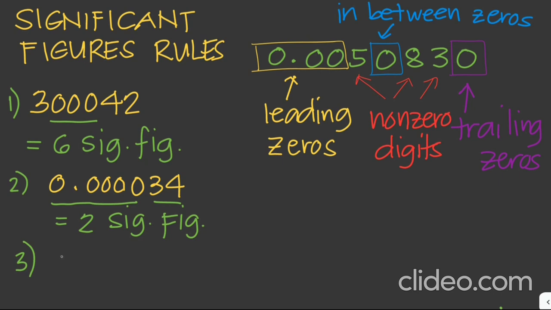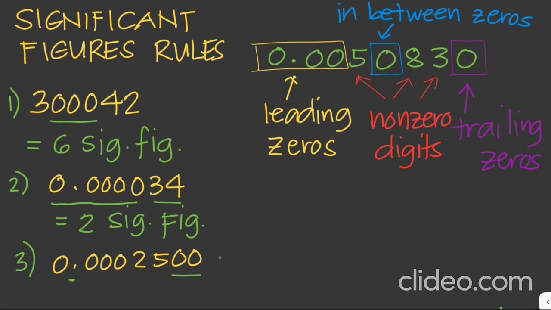Say, for example, we have 0.0002500. So the trailing zeros here are these ones. And they count or they are significant because we have a decimal point here.